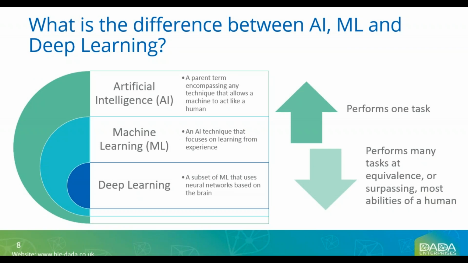Artificial intelligence is more about performing single tasks, whereas machine learning goes more into the area of big data analytics, where the use of AI focuses on learning from experience, and where multiple tasks are performed autonomously, where essentially the AI surpasses human abilities.